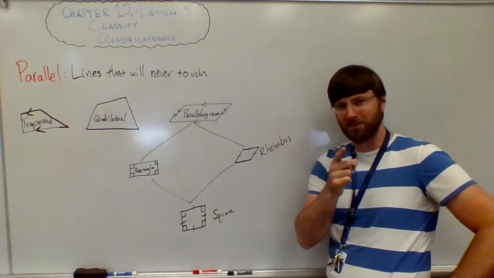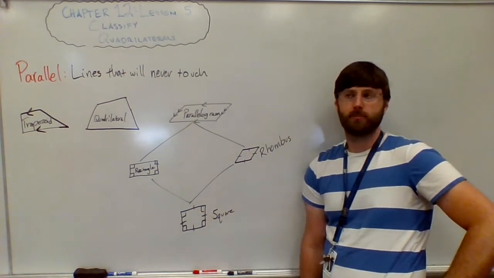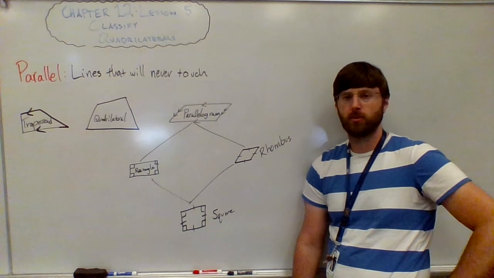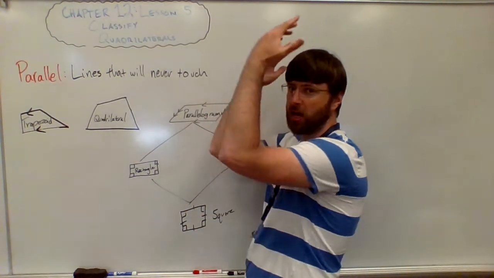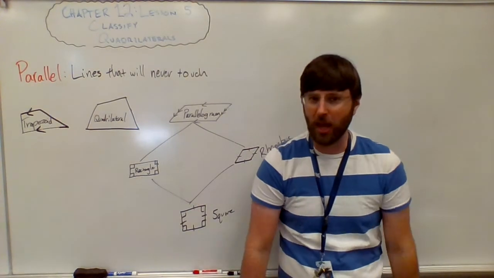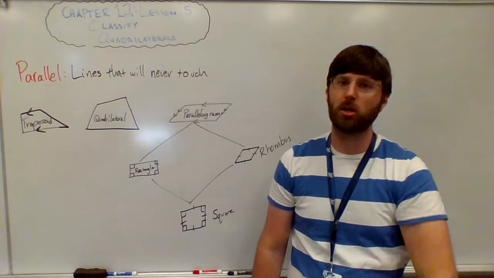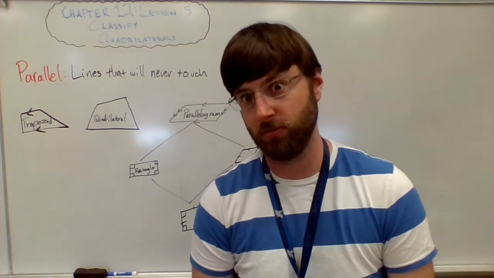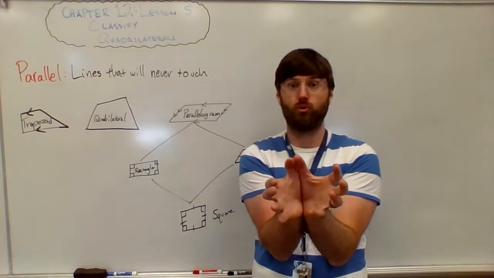If it said classify the shape, you would need to write square. That's it. Because when you say that something's a square, you're telling me all of the other information about it already. You don't have to write that it's also a rhombus, also a rectangle, also a parallelogram, also a quadrilateral, also a polygon, also a figure. Don't do that, okay? Just tell me a square. It's the most specific name for it.